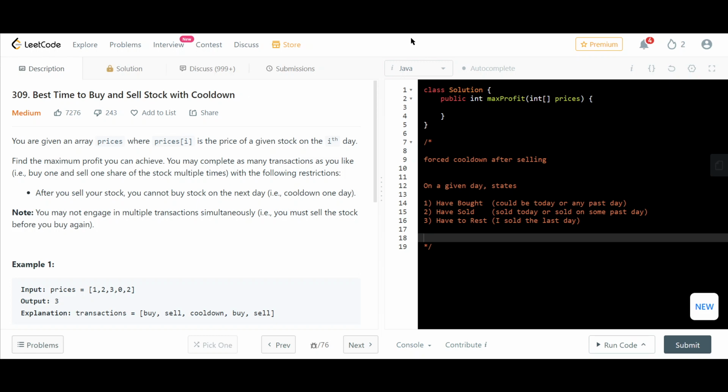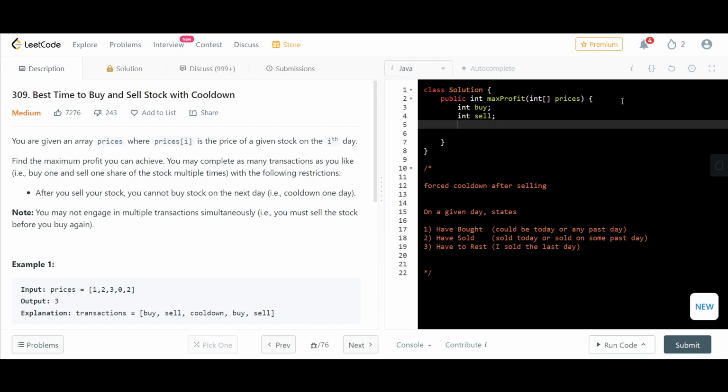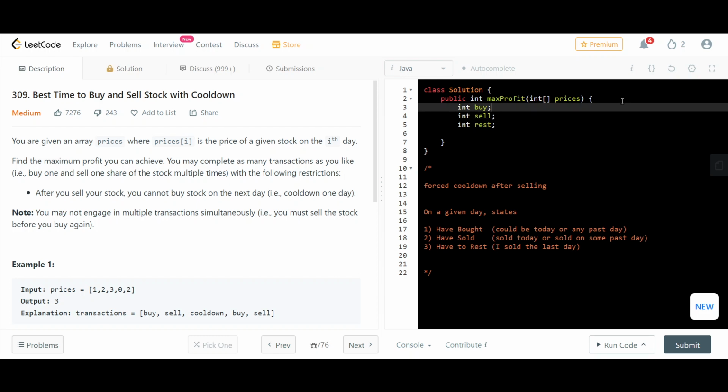Now, if you define those three states as three different variables, int buy, int sell, and int rest, what does this mean?